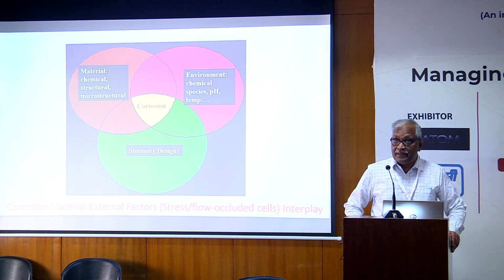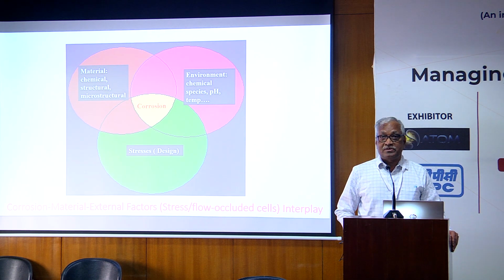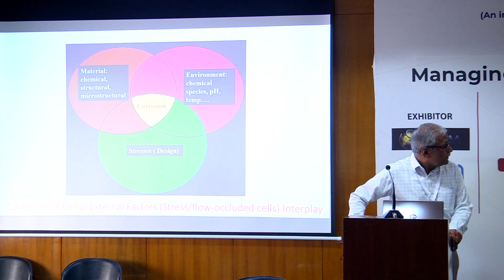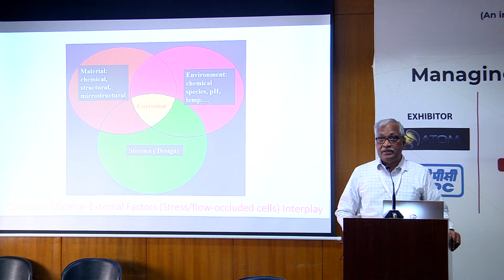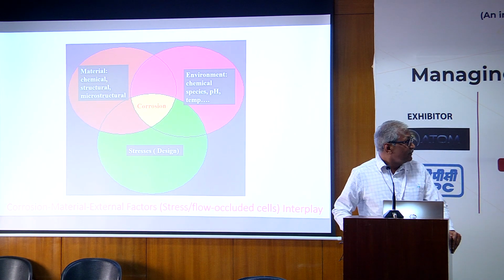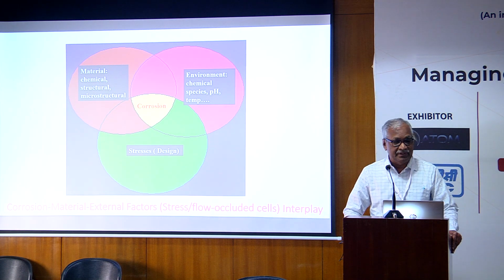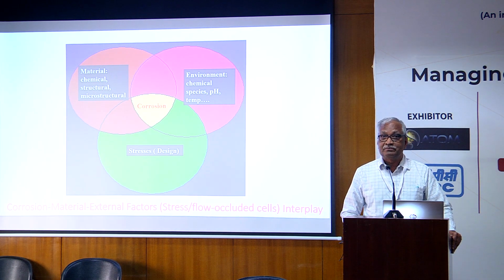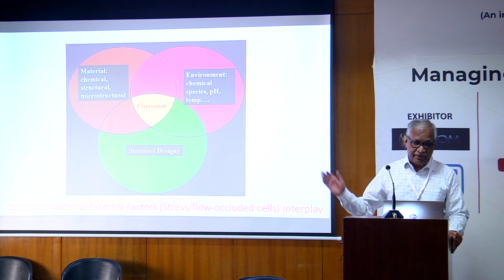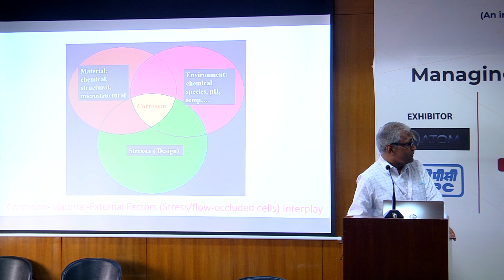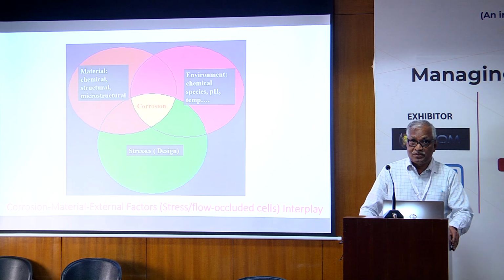Dig deeper into that, and there are lots of issues involved in materials. Chemistry is involved, structure is involved, the crystal structure, the microstructure, even atomic level things are involved. In the environment there are many differences, a few of them given here: chemical species, pH for example, temperature, and stresses and so on.